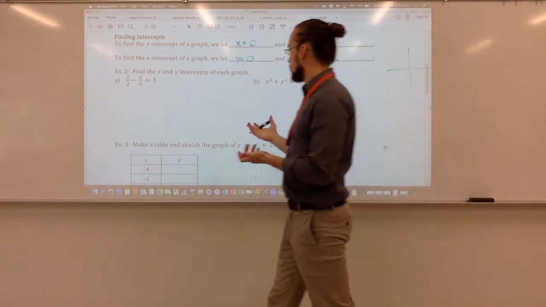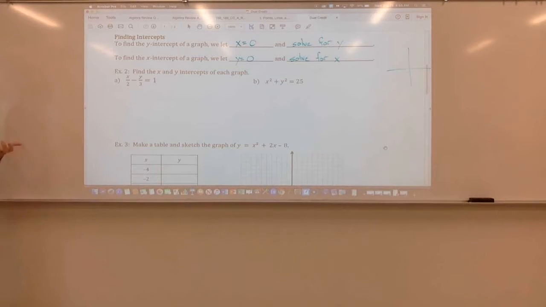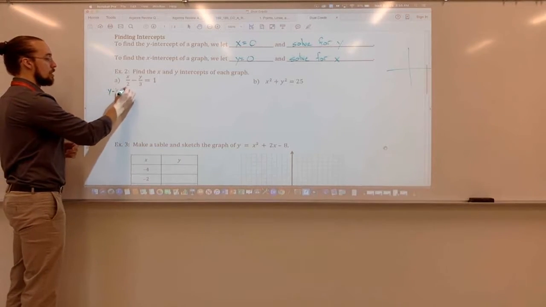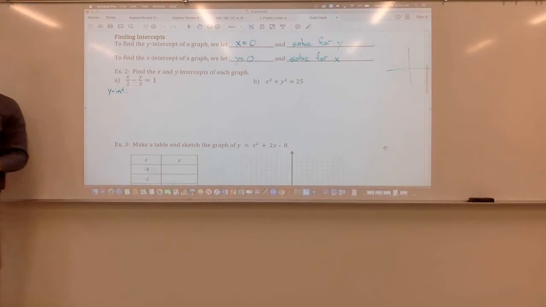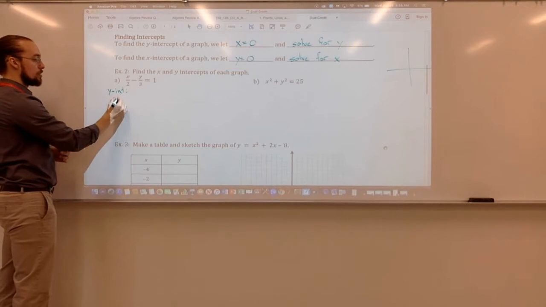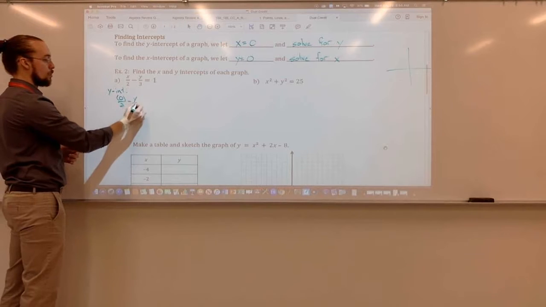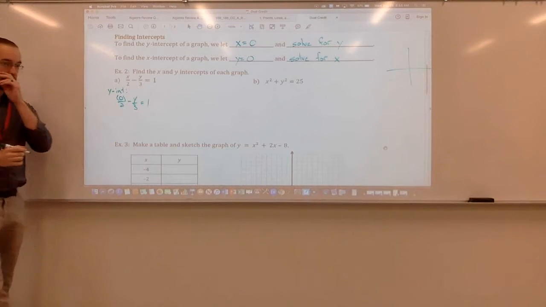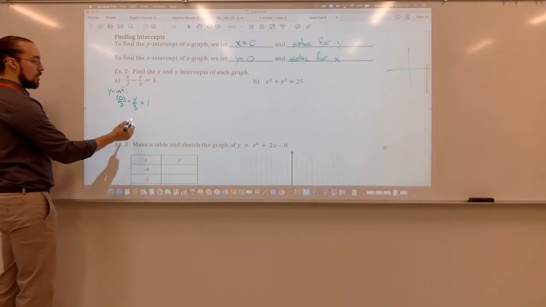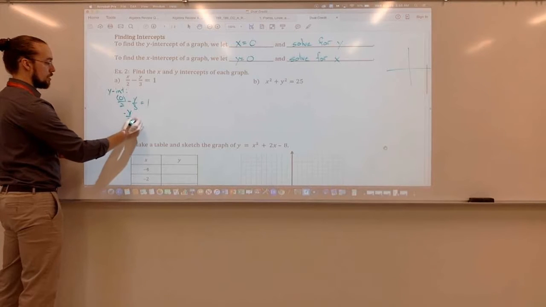Okay, so in these examples, to solve for x and y-intercepts, first, if I want to find a y-intercept, I'm going to let x equal 0 and solve for y. So plug 0 in for x, so I would have 0 over 2 minus y over 3 equals 1. 0 over 2 is just 0. So I've got negative y over 3 equals 1.